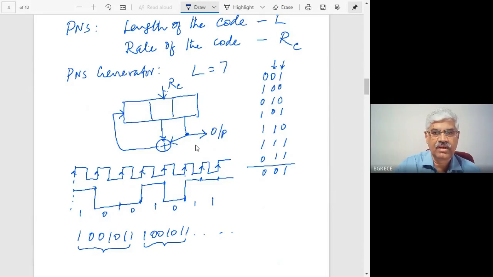So first, we should understand why they call it a pseudo noise sequence. We need one bit sequence which has all the properties of a noise-like sequence, so that after spreading the spectrum, the spread signal will look like noise.